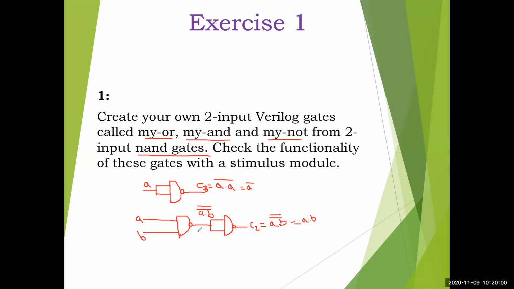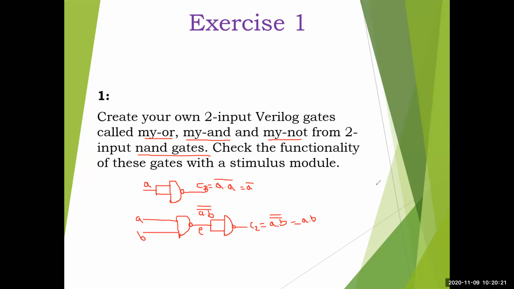Now in the design I will call the intermediate output some variable E, because I need to store it. First I call a NAND gate with E as the output and A, B as the inputs. Then I call a NAND gate twice with E as the input and the output is C2. Clear?